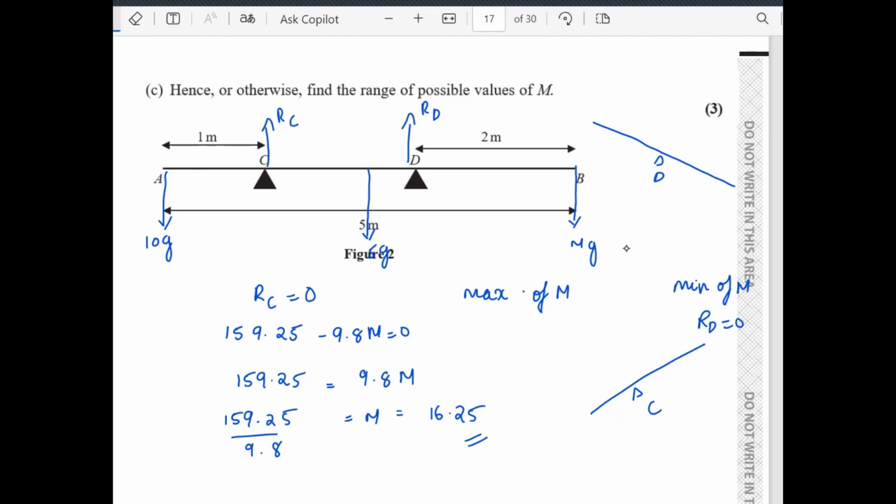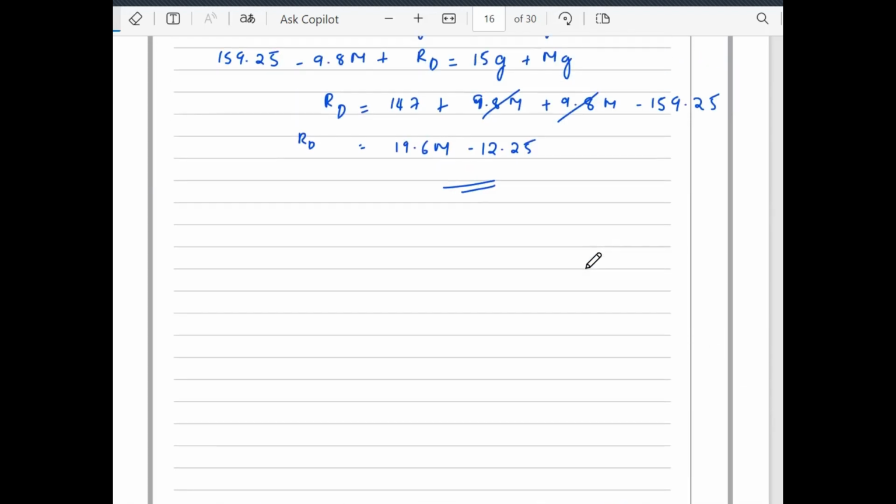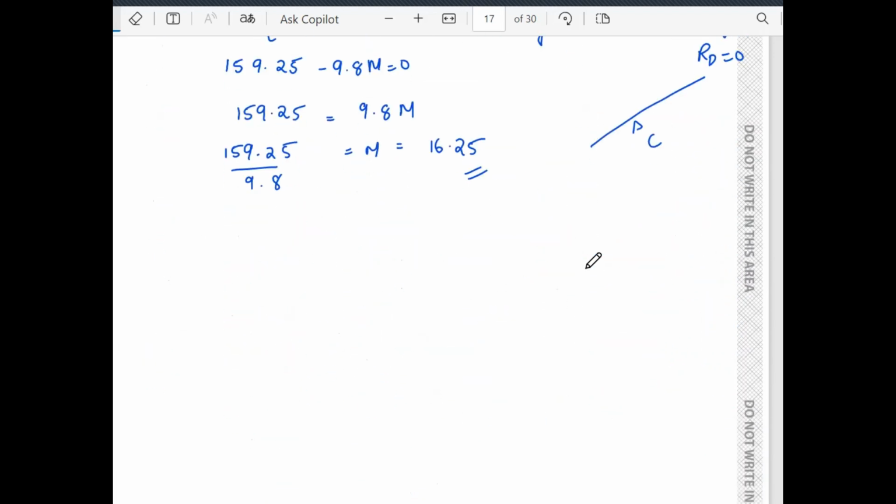Now the m value is so small, compared to 10g, that the rod starts tilting at C and there is no more RD value. There is no support at D. We already found the value for RD as 19.6 m minus 12.25. So in the second case, you can equate RD to 0. 19.6 m minus 12.25 is equal to 0.